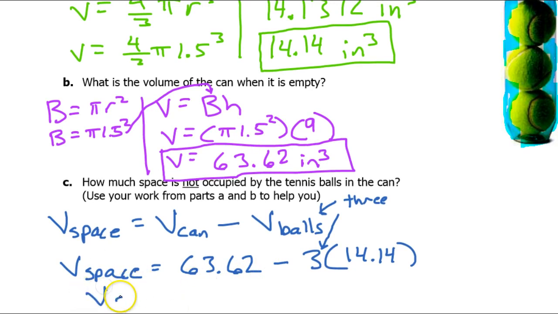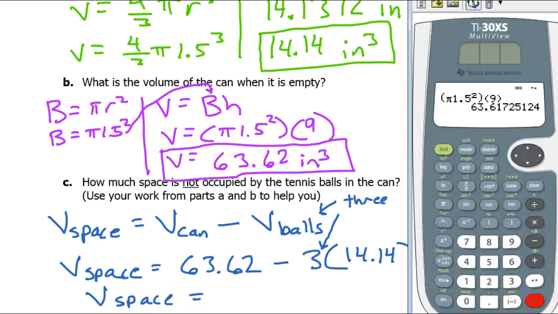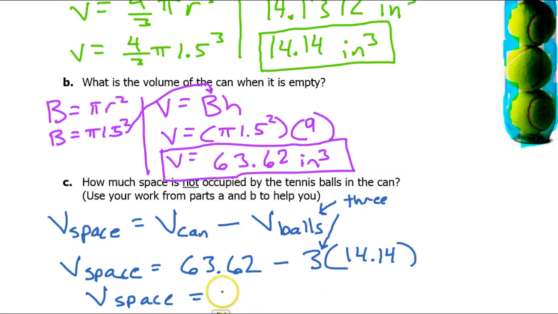The volume of the space equals 63.62 minus 3 times 14.14, which is 21.2.